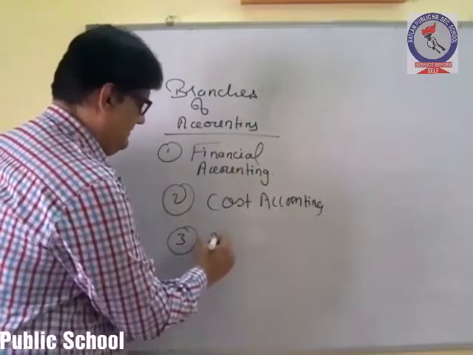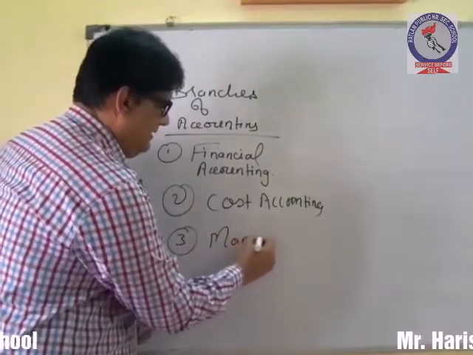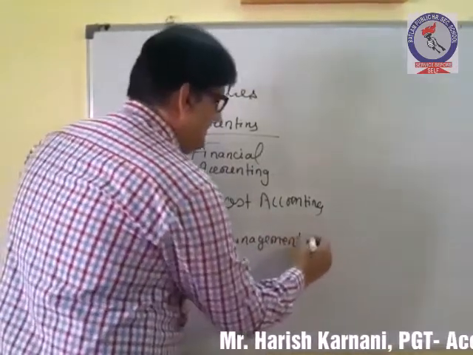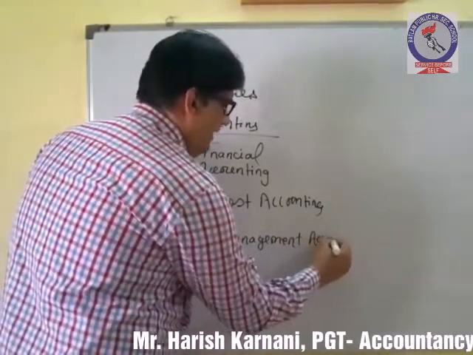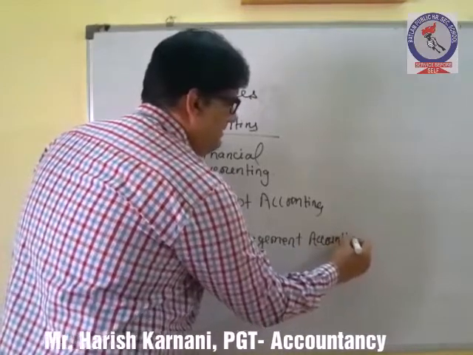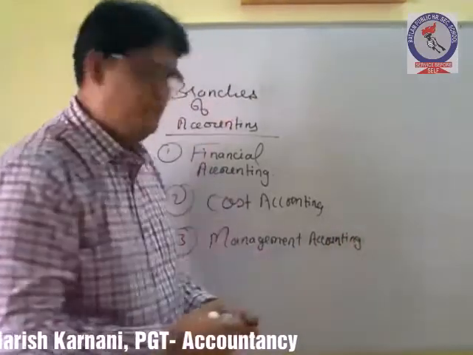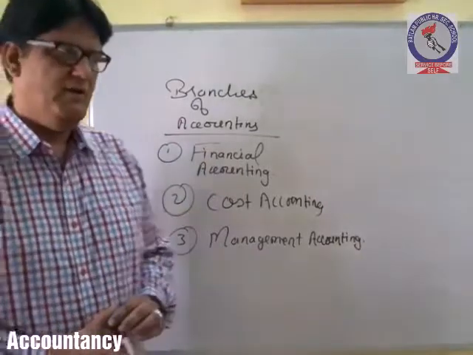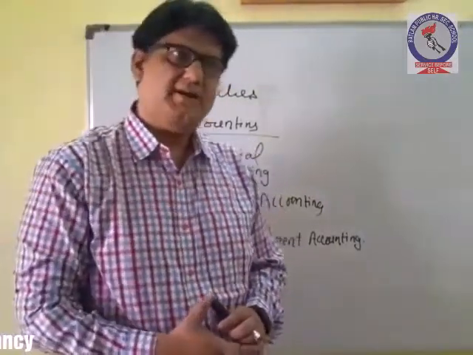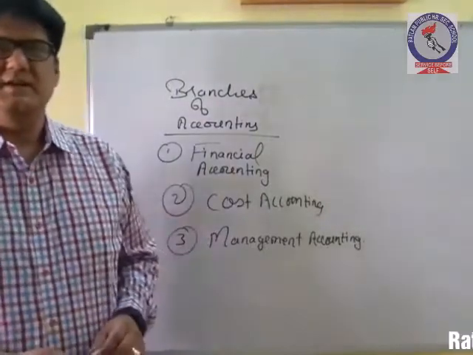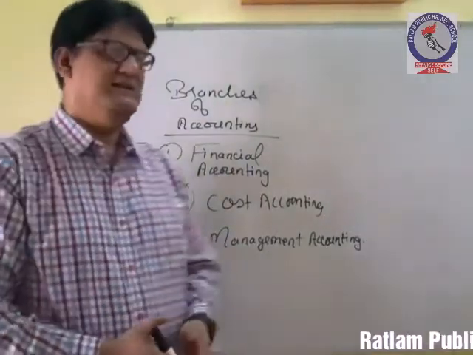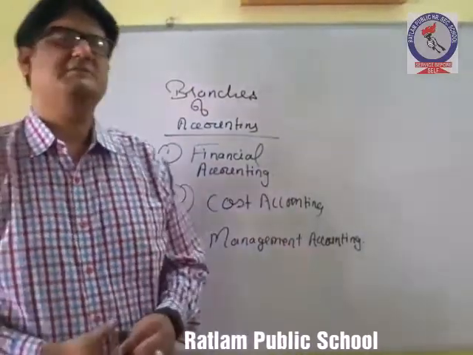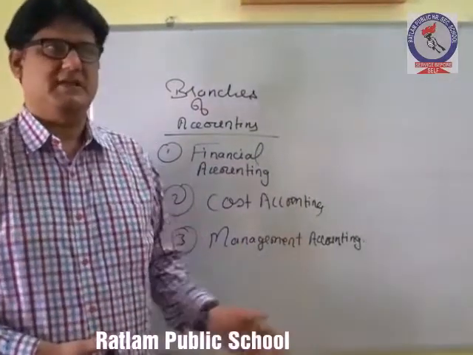Then comes third, that is management accounting, the latest form of accounting in which various types of financial information are provided to the management persons so that they can take various decisions related with the growth and expansion of the business.